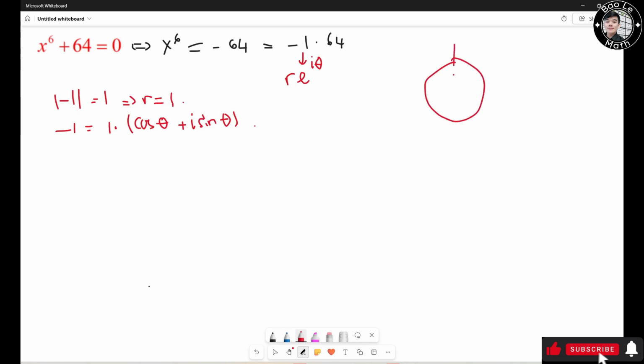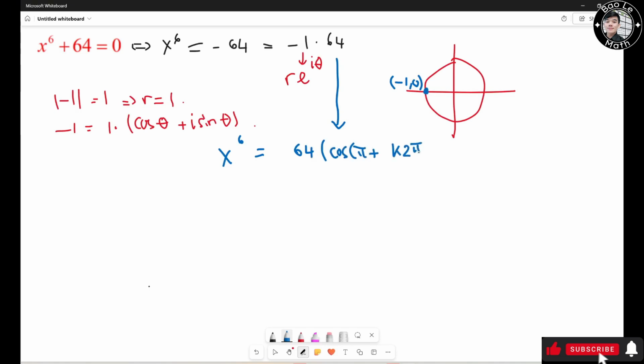You look at the unit circle right here. Pi should be right here, so right here is going to be negative 1 comma 0, right? So this can be written as S to the 6 equals 64 times cosine of pi plus k 2 pi plus i sine of pi plus k 2 pi, right?